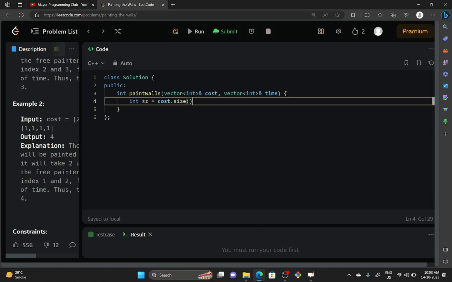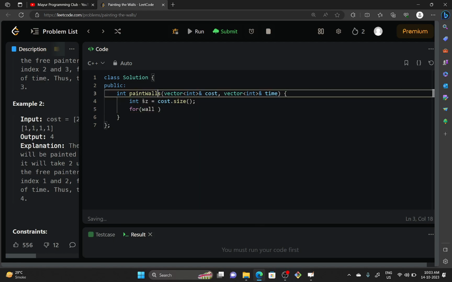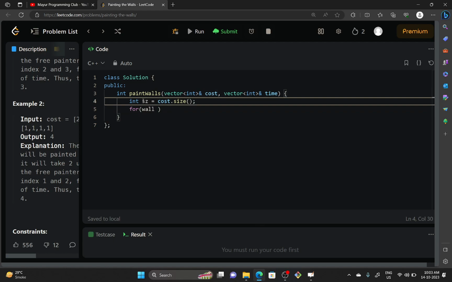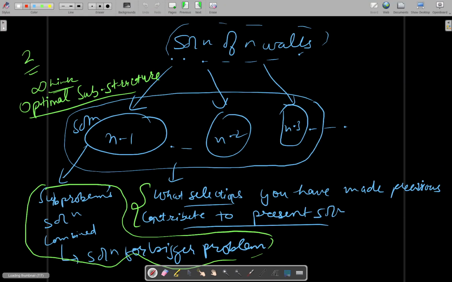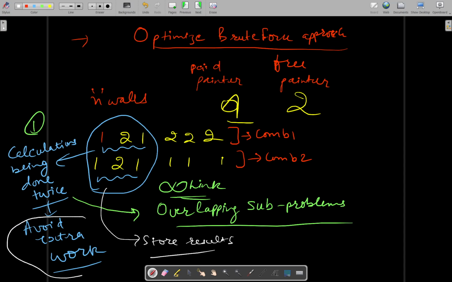So we will declare a, okay, and here we can store the results to avoid recalculations, avoid extra work.